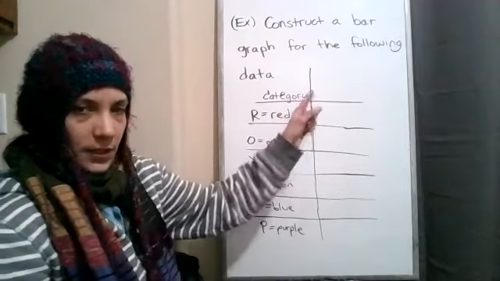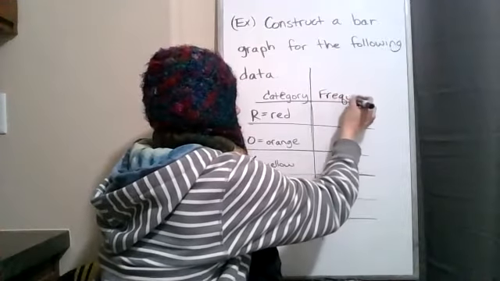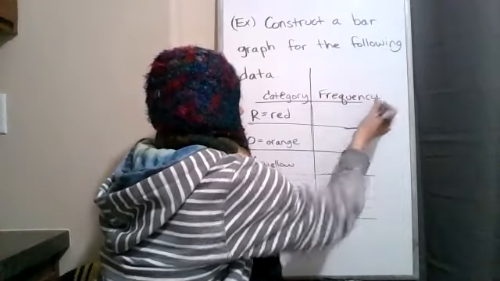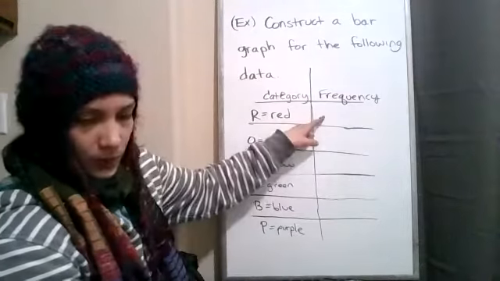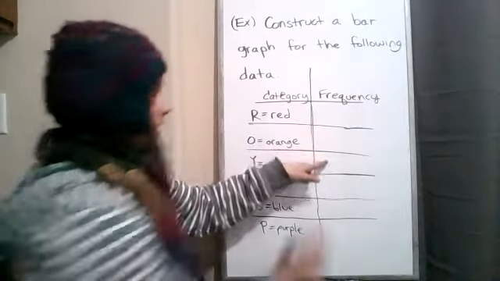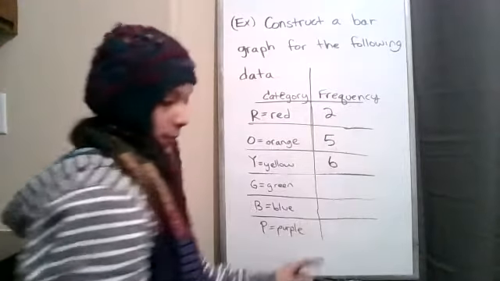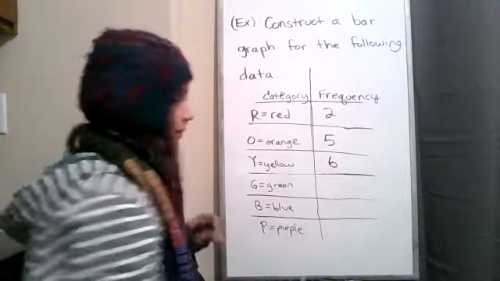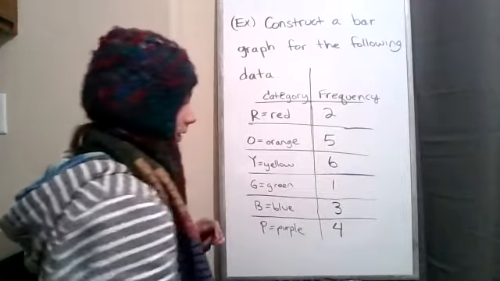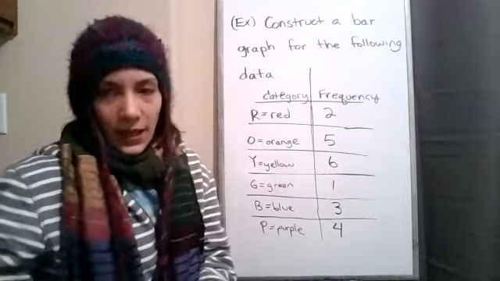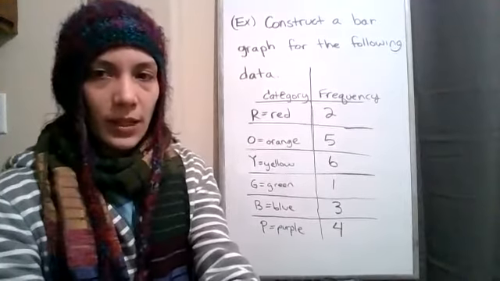And then the frequency. We have 2, 5, 6, 1, 3, 4. I'm going to need to erase this, so I'm going to type it up in the chat so that you have this info.